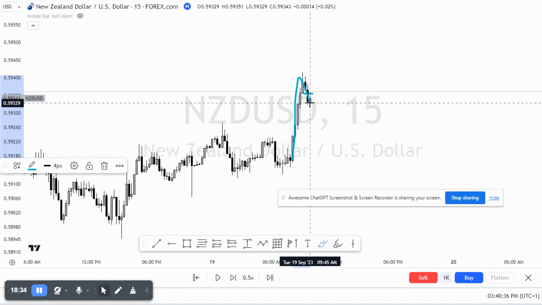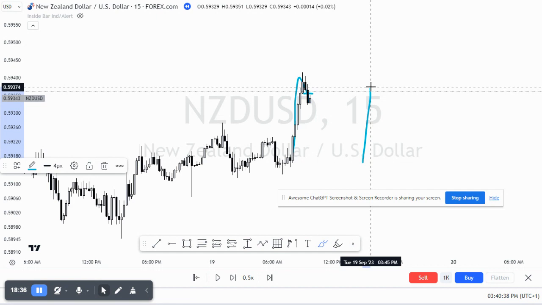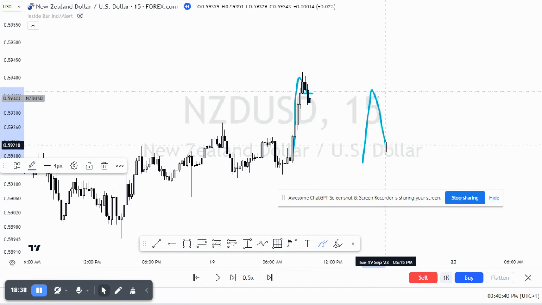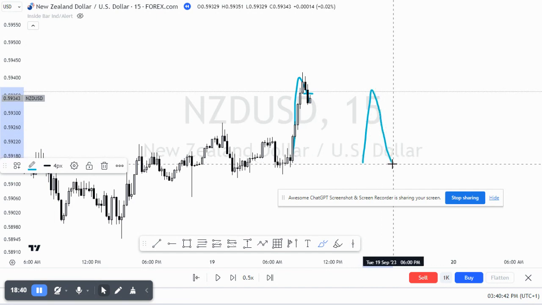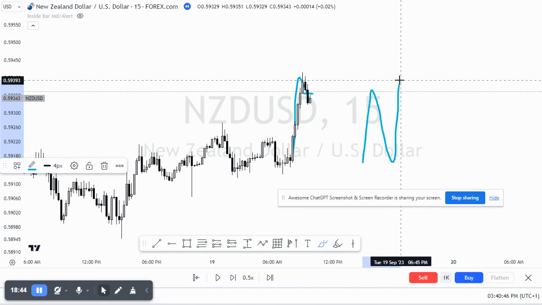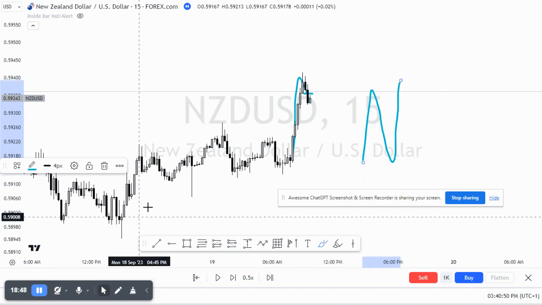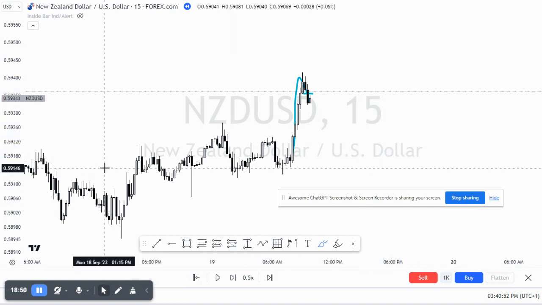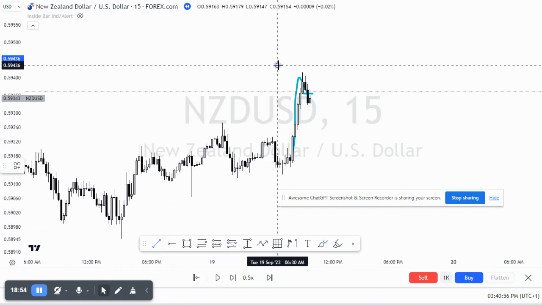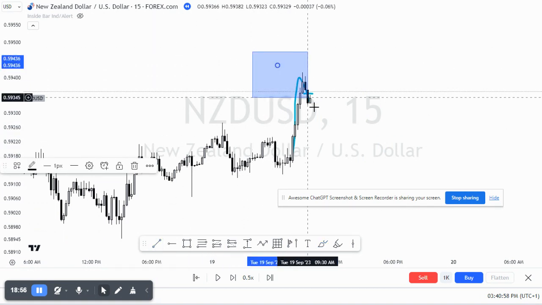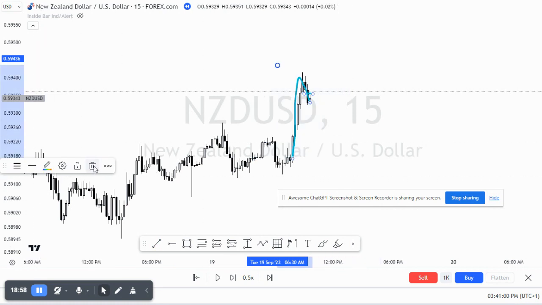So this is a valid pullback, right? The market is going up, and then it reverses down and takes the low of the previous candle before continuing up. This is what we call a valid pullback. So let's continue the replay so we can see how far we've learned.